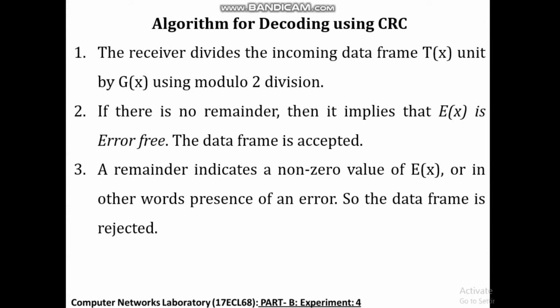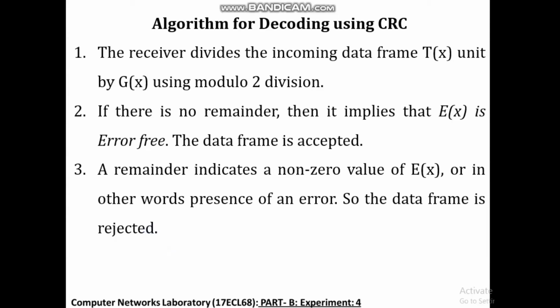using CRC. The receiver divides the incoming data frame t(x) by g(x) using modulo 2 division. If there is no remainder, then it implies that e(x) is error free, and the data frame is accepted. A remainder indicates a non-zero value of e(x), or in other words the presence of an error, so the data frame is rejected.